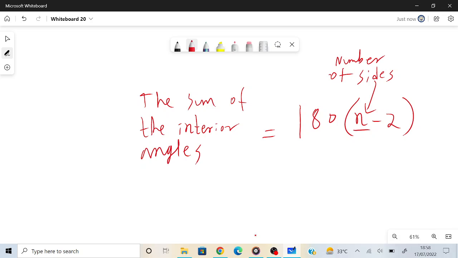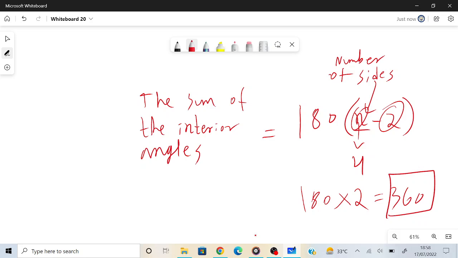So if I was to find the sum of the interior angles in a quadrilateral, I would change this n to 4, because I know that all quadrilaterals have 4 sides. Subtract 2 from the 4, I will be left with 2, and timesing 2 by 180, I know that is 360. Hence, that is why we know that the sum of all the interior angles in a quadrilateral is 360.